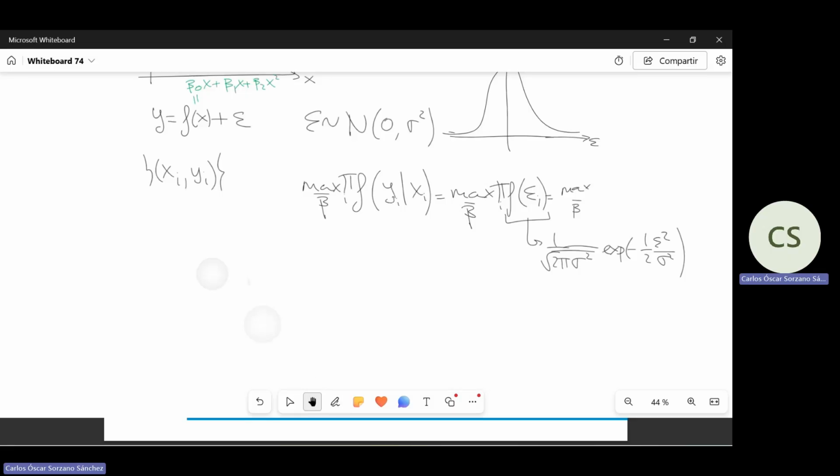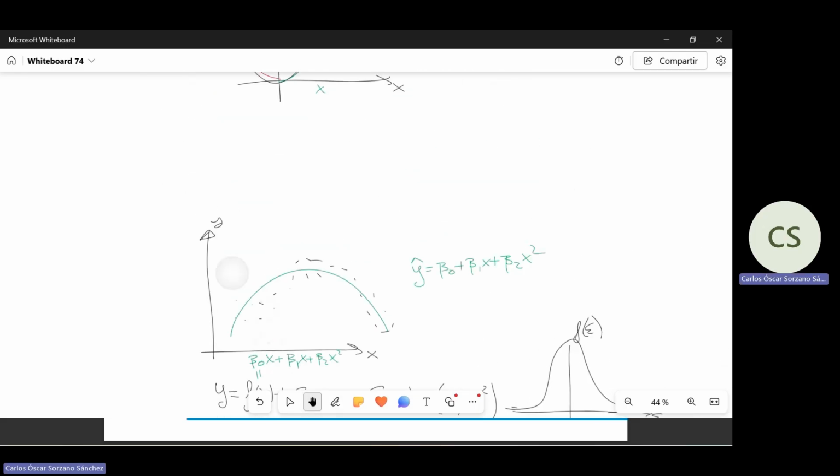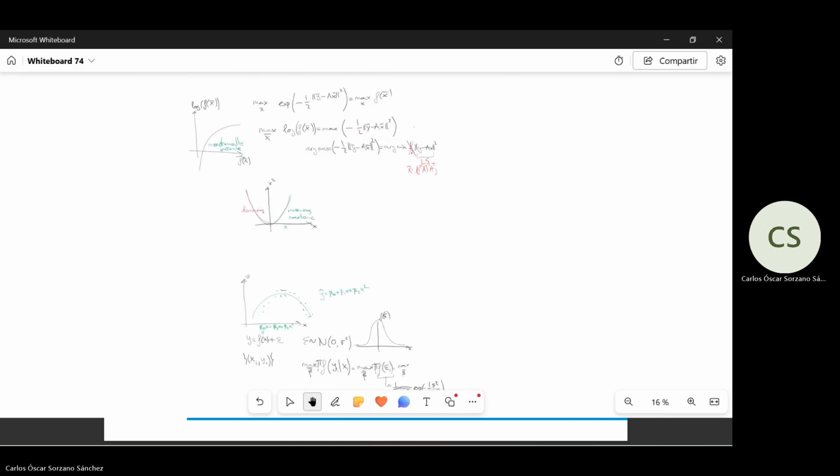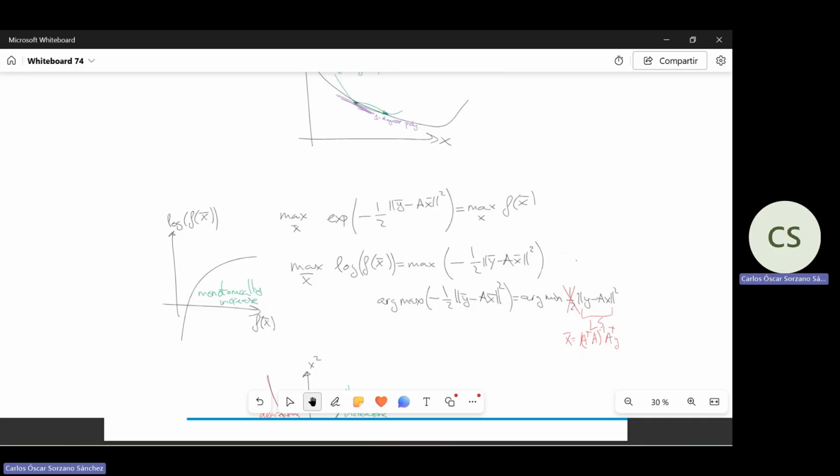You can imagine that this multiplication constrains this norm somehow. That is maximum likelihood.